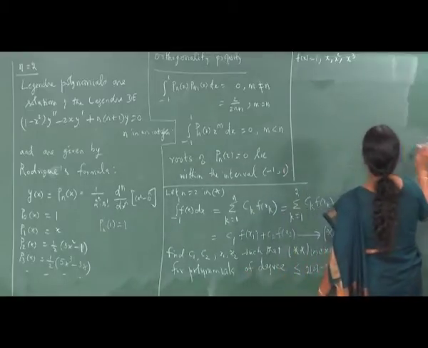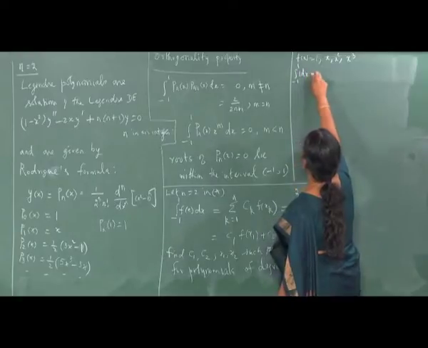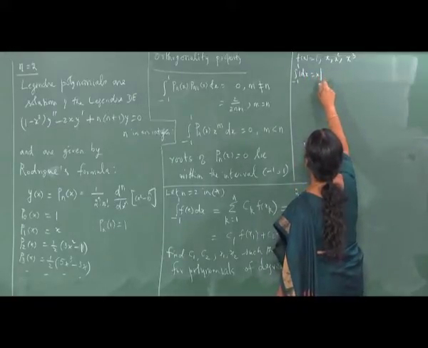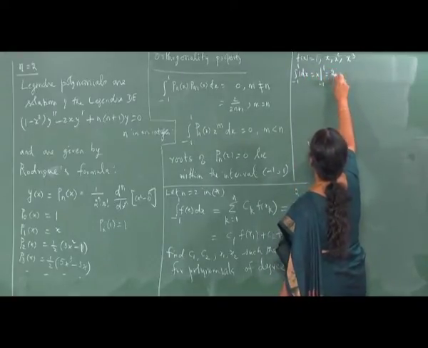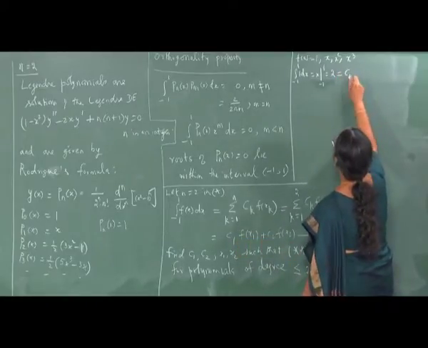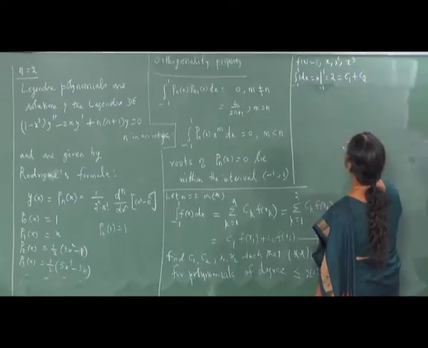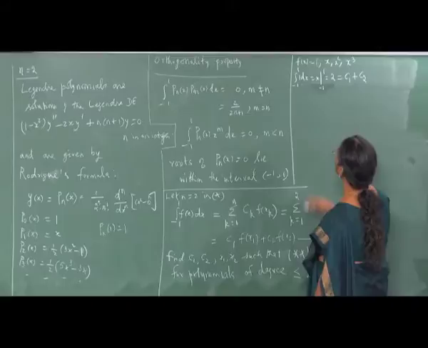So, when I take f of x to be 1, then I get it is x between minus 1 and 1. So, that is 2, and that will be equal to c1 into f of x1 which is 1 plus c2 which is f of x2.